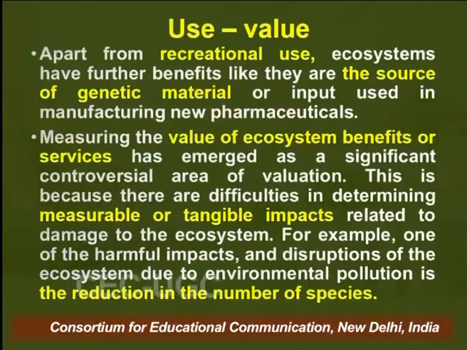Measuring the value of ecosystem benefits or the services that it renders has emerged as a significant controversial area for valuation of environmental goods. This is because there are difficulties in determining the measurable or tangible impacts related to the damage to the ecosystem.